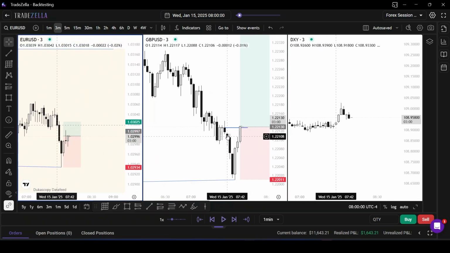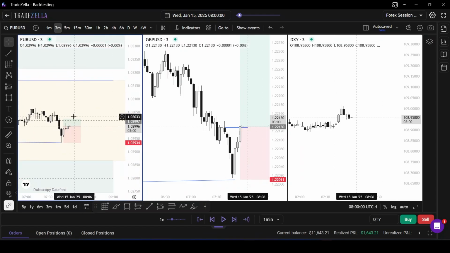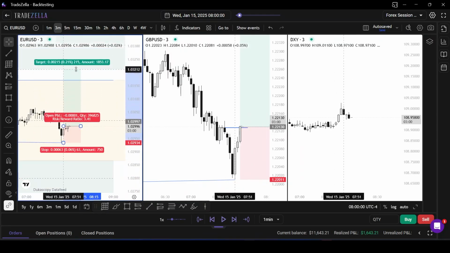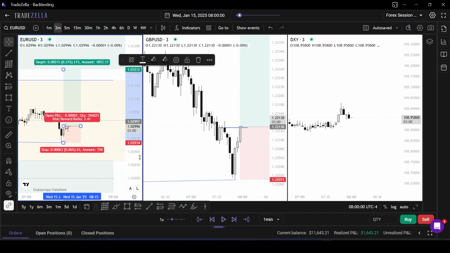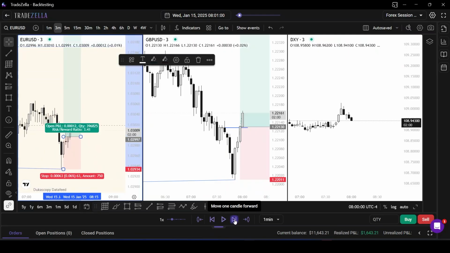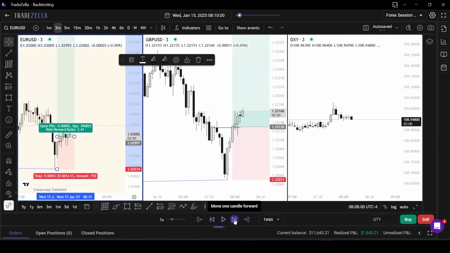Because we already have a change in state of delivery here, and I want to trade Euro USD because I know it is going to trade into this daily fair value gap. So let's see what will happen.